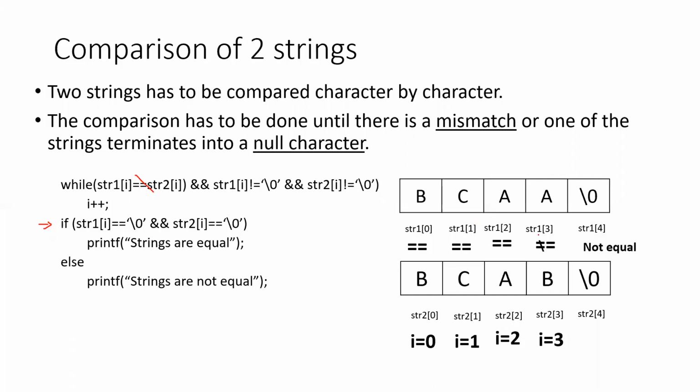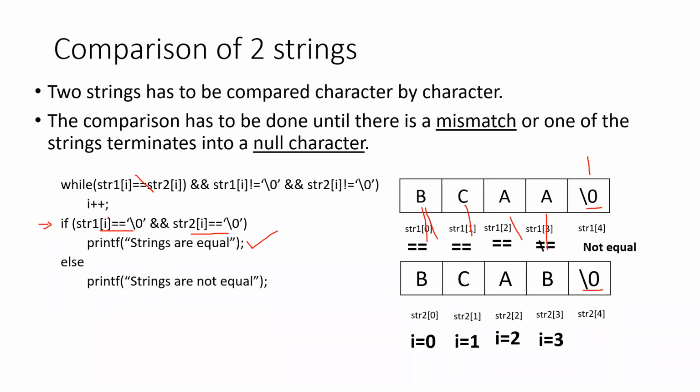If you have compared all the characters until the end of the string, we came out of this while loop because of one of these three conditions being satisfied, and we find that string 1 has reached the end of the string and string 2 also has reached the null character. Null character means we have compared all the characters until the end of the string, because we have reached null character in str1 and in str2. In that case, you have to print strings are equal.